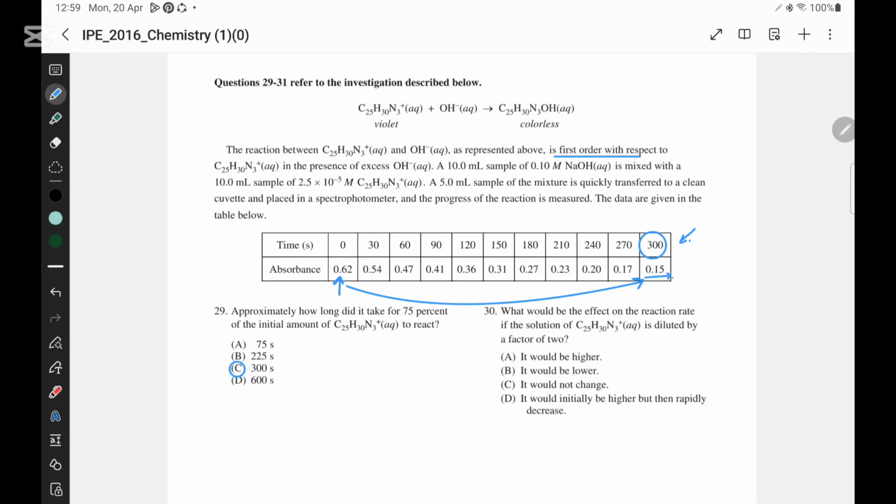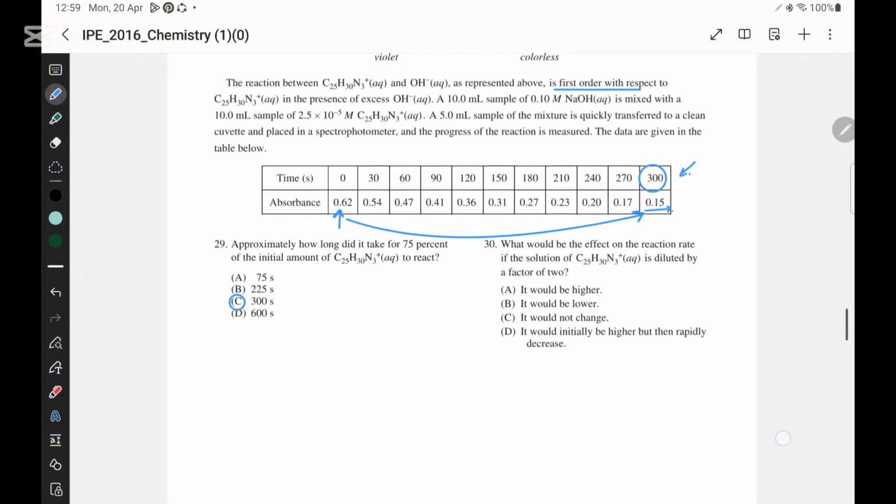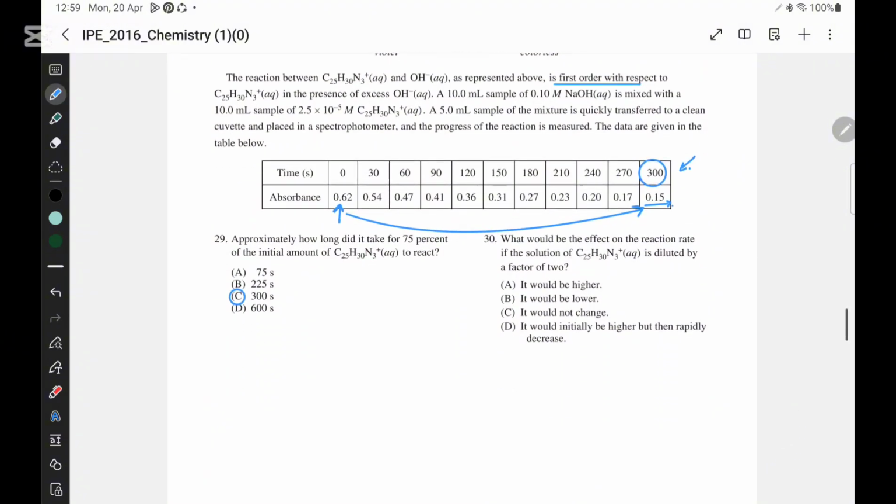So in the next question, they are saying what would be the effect on the reaction rate if the solution of C25H30N3 positive is diluted by a factor of 2. So what is happening here, you can see that the concentration is decreased as you are diluting it. As it is first order, what happens if the concentration doubles, rate would be doubled.